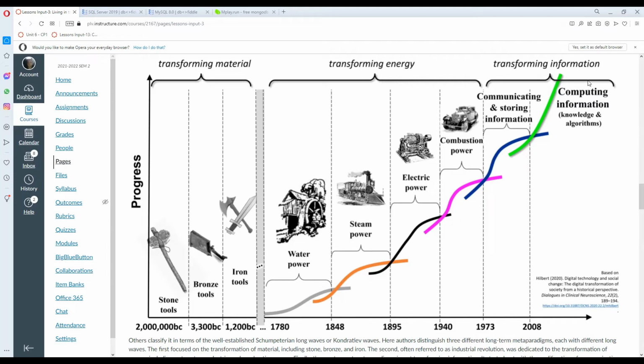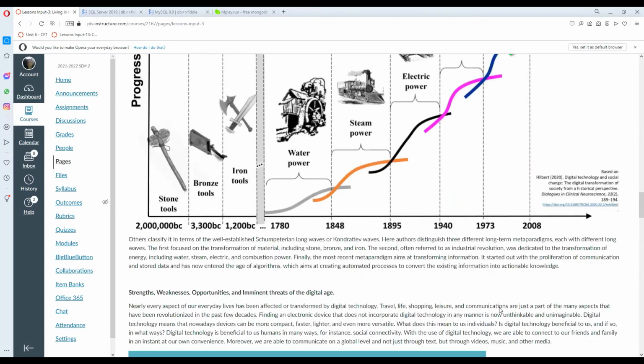And then we have the transforming information, from 1973 up to the present. It contains communicating and storing information as well as computing information through knowledge and algorithms.